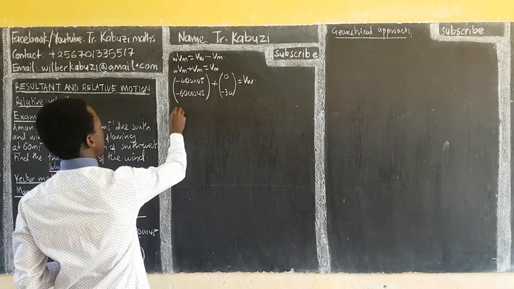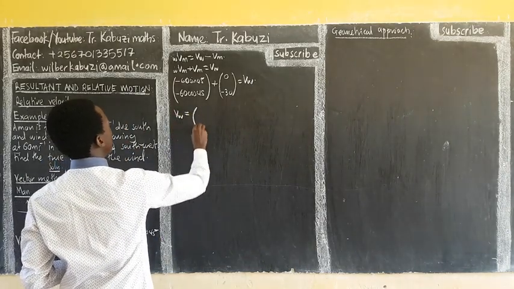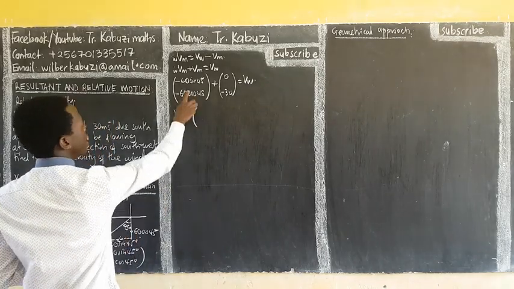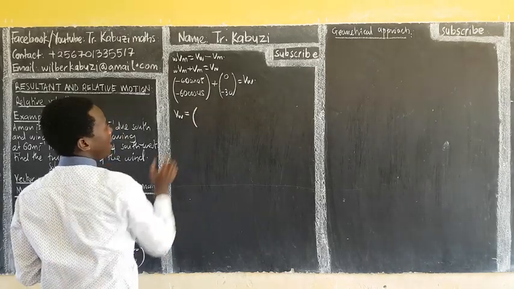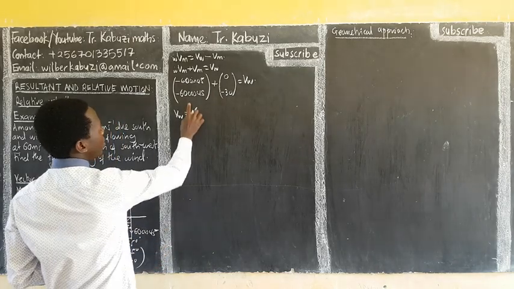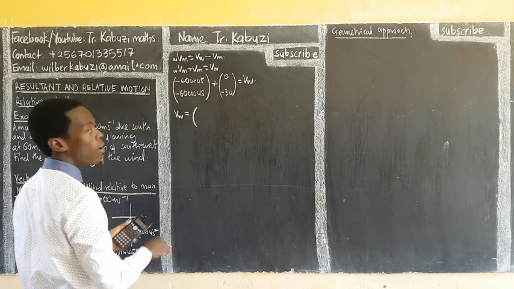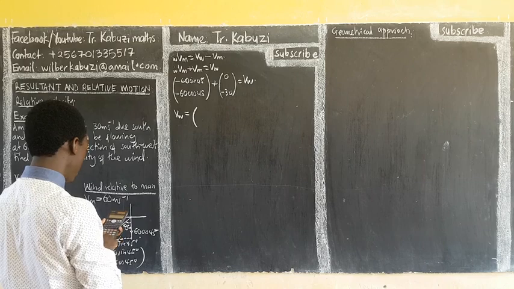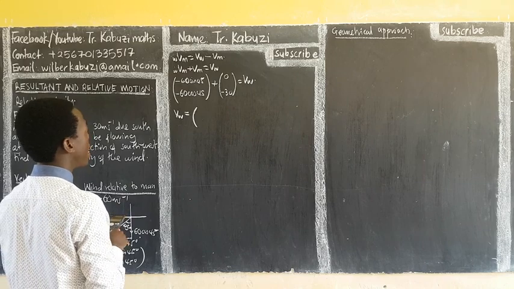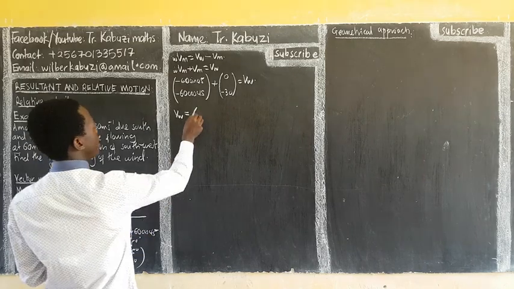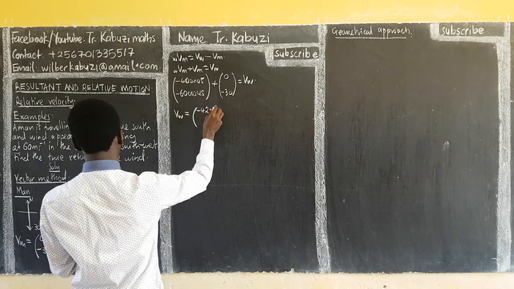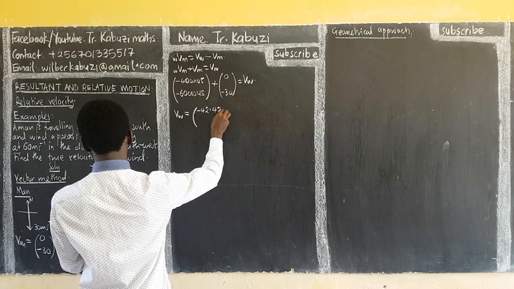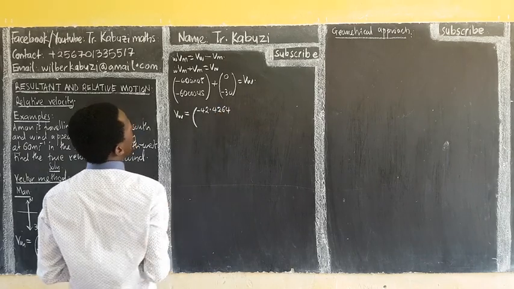From there, after simplifying, you are free to use your calculator. So you add this plus this to get the horizontal component, then we add this and this to get the vertical component. From there, we get negative 60 sine 45 plus 0. This would be negative 42.4264.